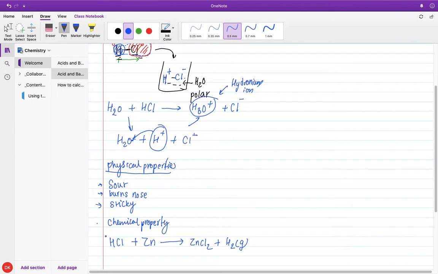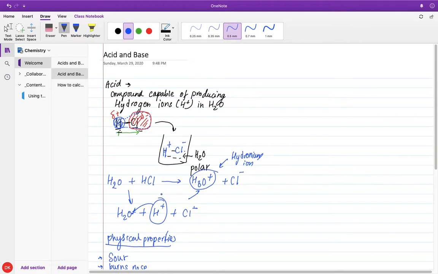I actually did this reaction for you guys last semester, where I placed silvery white zinc pellets in hydrochloric acid and it gave bubbles. So that's all about acid.